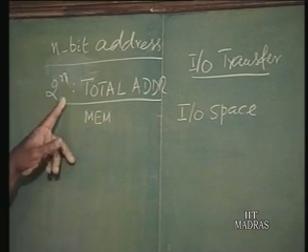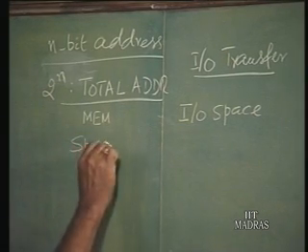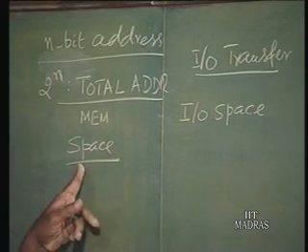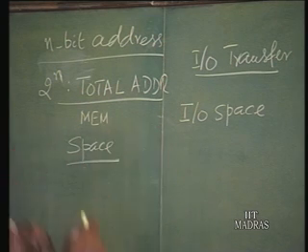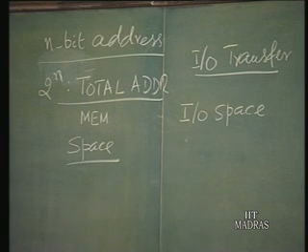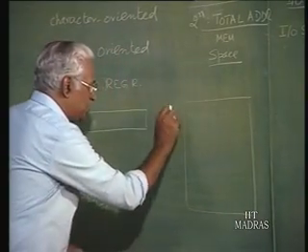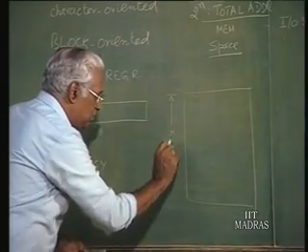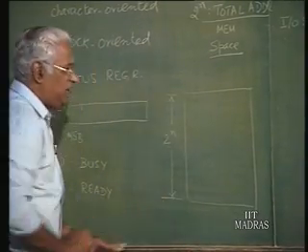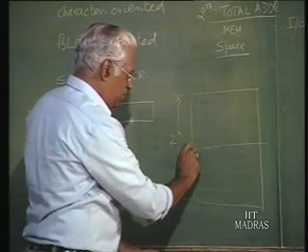Now, this entire total address space can be used as memory space, in which case you can have other, say, m bits or so for the I/O to indicate the I/O space. Okay? Or this total address space, 2 to the power n, can also be divided into 2, exactly, let us say we are dividing into 2.